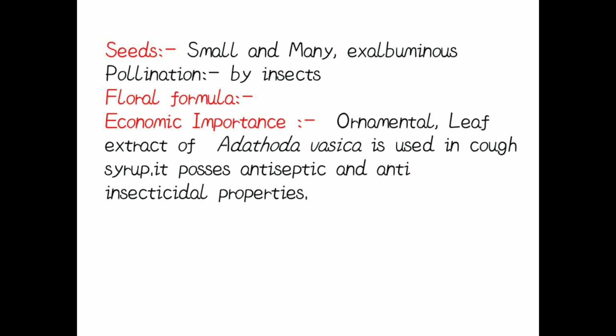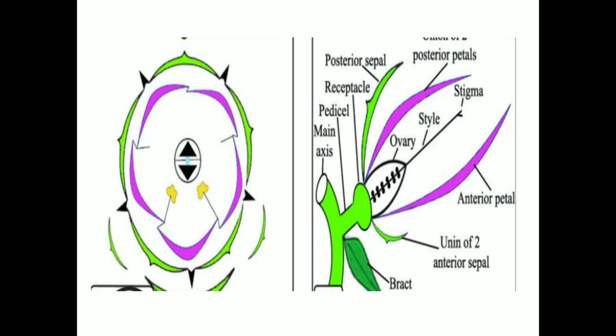As we know, the plants of this family are very important from the medicinal point of view also, so we must study this family. Now this is the floral formula, and this is the floral diagram of this family.